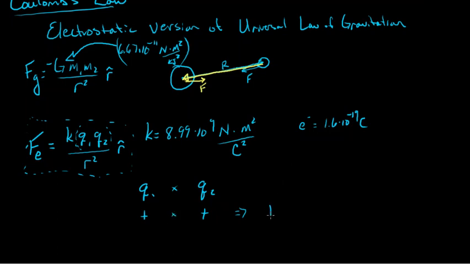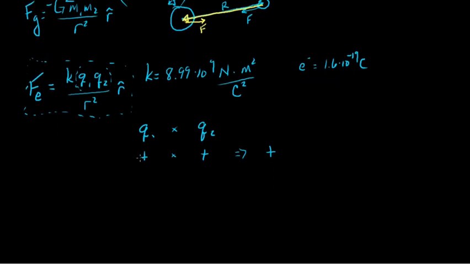You get a positive. And what do we know about like charges? If it's positive and positive, are they going to attract or repel? They're going to repel, right? So if this product between them is positive, then they're going to repel.